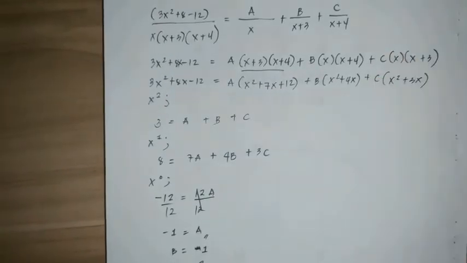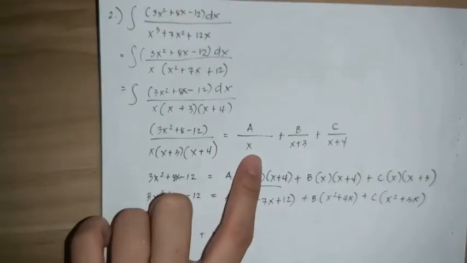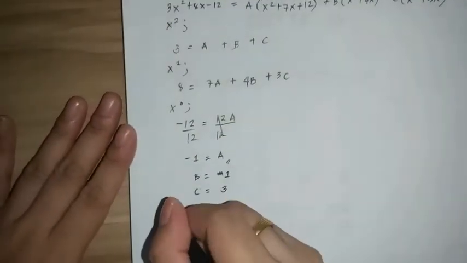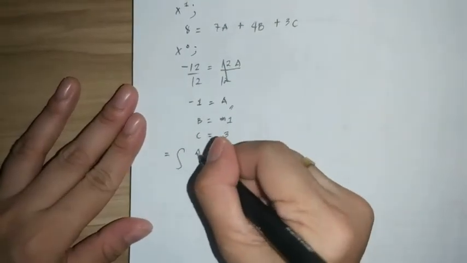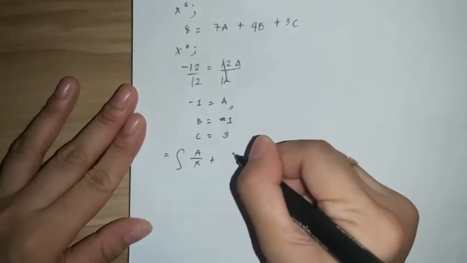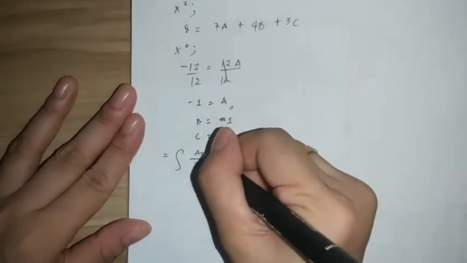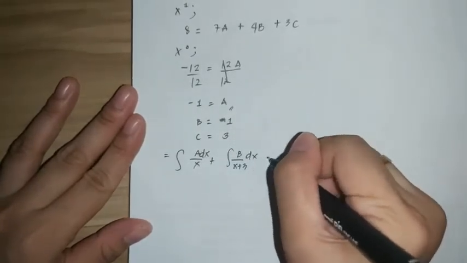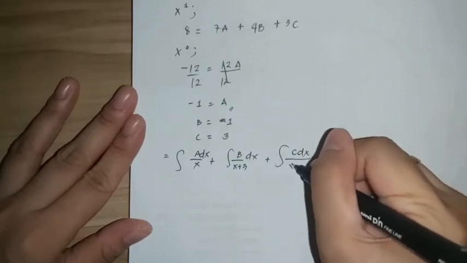Now, we could equate it sa ato ang integrand. So, or sa atong partial fraction. So, we have here, right? We have here a all over x plus b all over x plus 3, right? This is dx plus integration of c dx all over x plus 4.